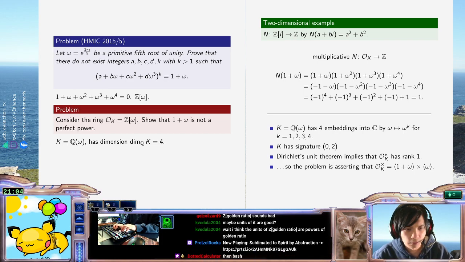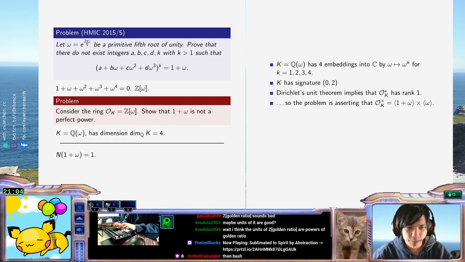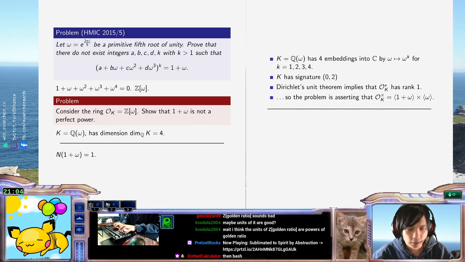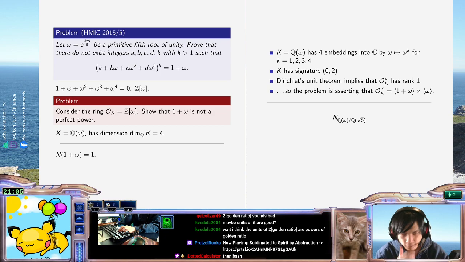Okay, so we're going to take a Q adjoin omega to the one below, Q adjoin root 5, was it? So this will map 1 plus omega to 1 plus. How does this map work?